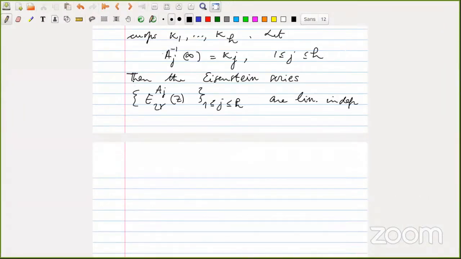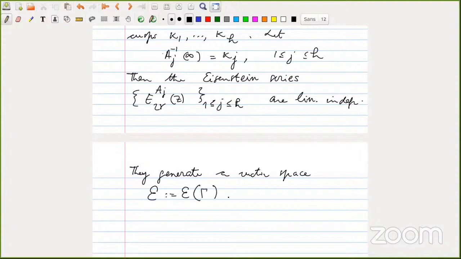They generate a vector space, denoted by this calligraphic E. We should not forget that there is a discrete subgroup in the background, and this will be nothing but the span of E_2r of A_j, j equals 1 to h.